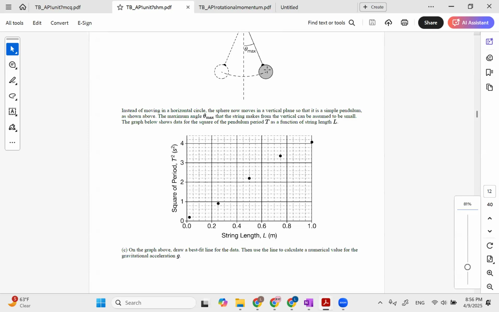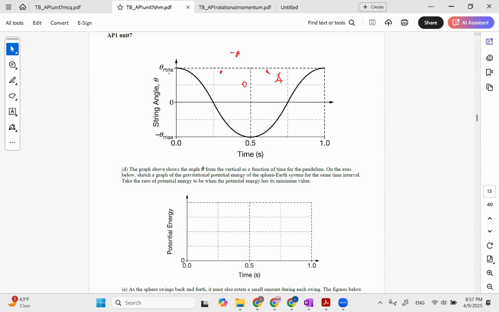Remember, theta maximum is here, right? And then when you go to theta equals 0, it's in the center. Theta equals 0 will be here, right? This maximum is here, and this is a negative theta maximum, right? So remember that. You will go from positive theta maximum to negative theta maximum.